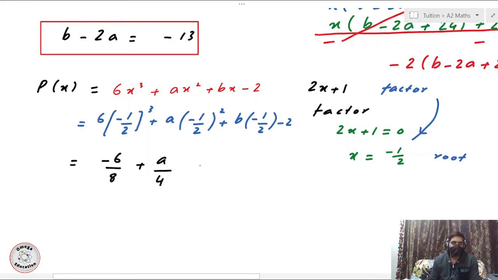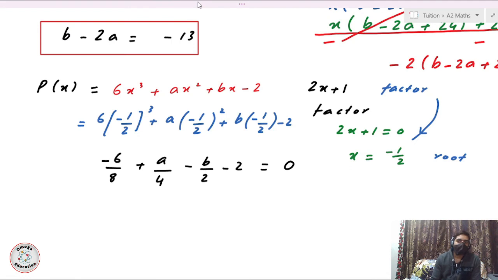A over 4 minus b over 2 minus 2, and that should be equal to 0. Mathematically it should be 0 if x equals minus 1 over 2 is a root of the polynomial, and that should be equal to 0.